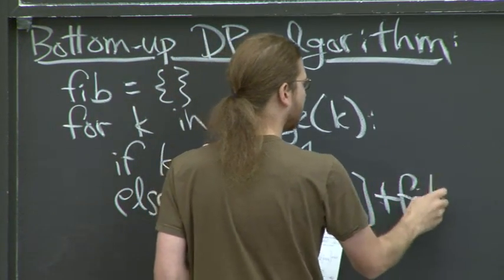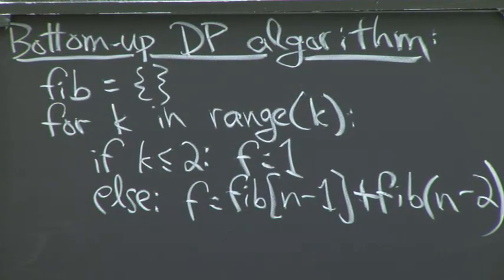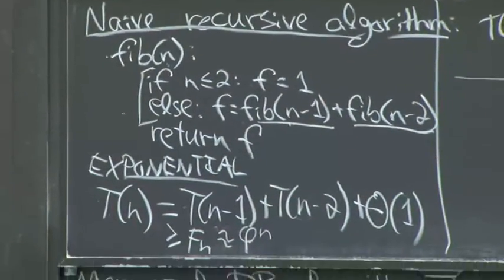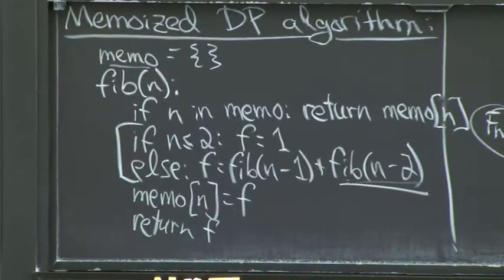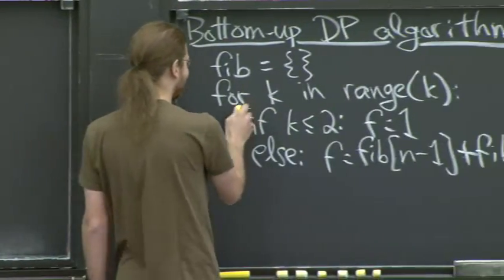The point I want to make is that the transformation I'm doing from the naive recursive algorithm to the memoized algorithm to the bottom-up algorithm is completely automated. I'm not thinking, I'm just doing. Okay? It's easy.